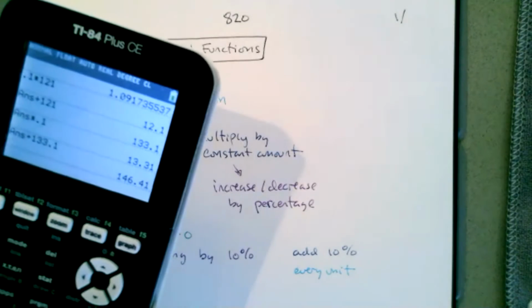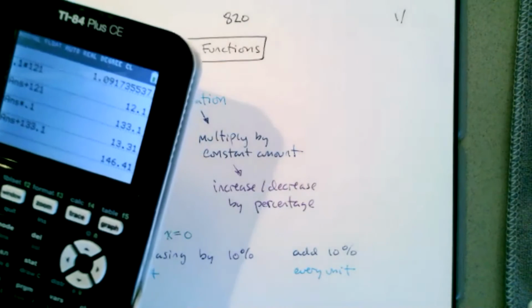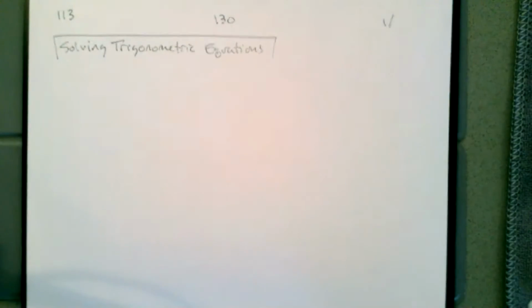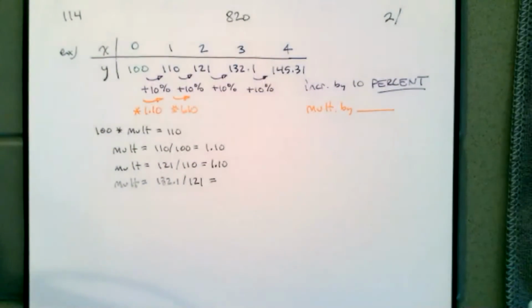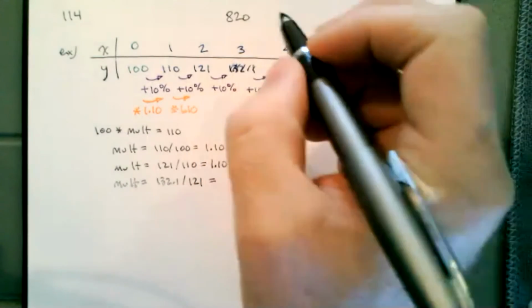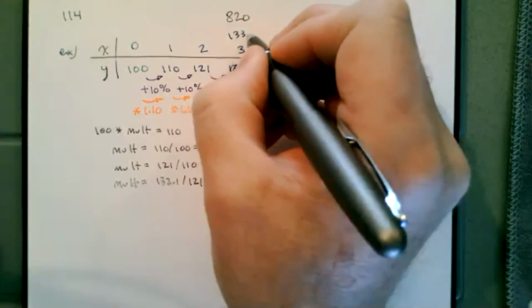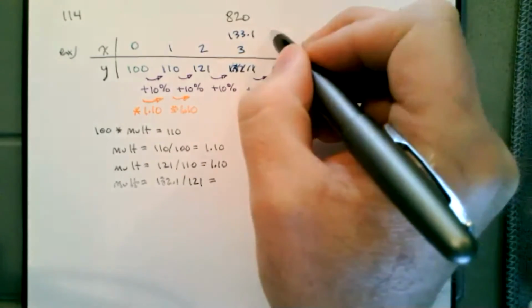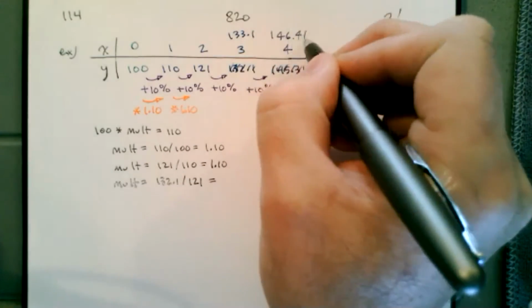So what we found out is that I'm questionable about being able to add. This should have been a 133.1, and the same thing happens here, 146.41.